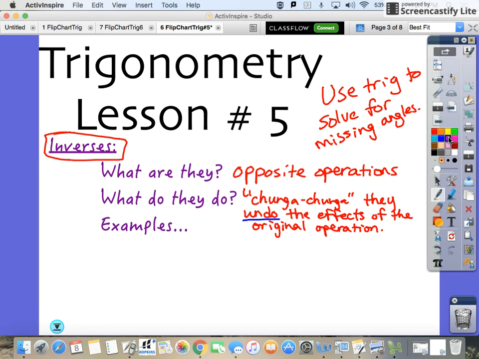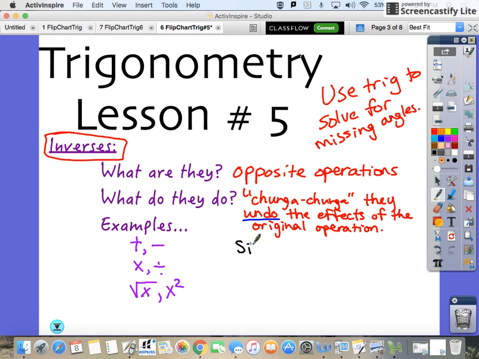So some examples of inverses are addition and subtraction. Those undo one another. Multiplication and division, square root of x and x squared, those are inverses. The inverses that we're going to talk about today are inverse trig functions.